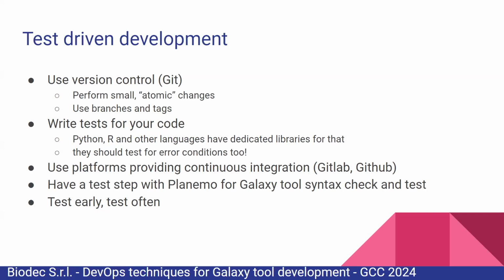So if you wrote the tests, the system is going to execute them for you once you perform your changes. And then you can also add the test with Planemo and so on, so you can have the full check, from functional tests to error tests to whether this tool is going to work on Galaxy, yes or no, in an automated way.